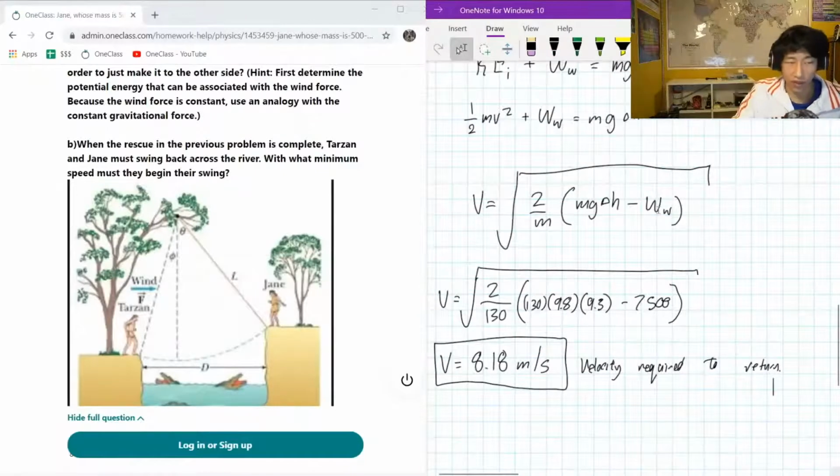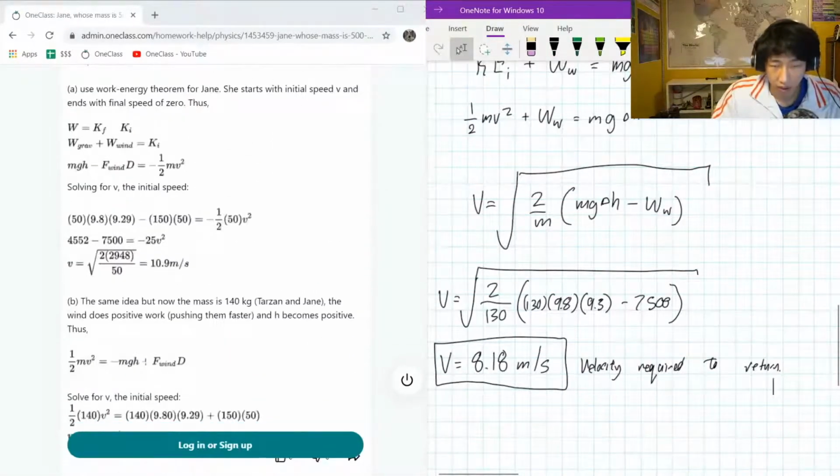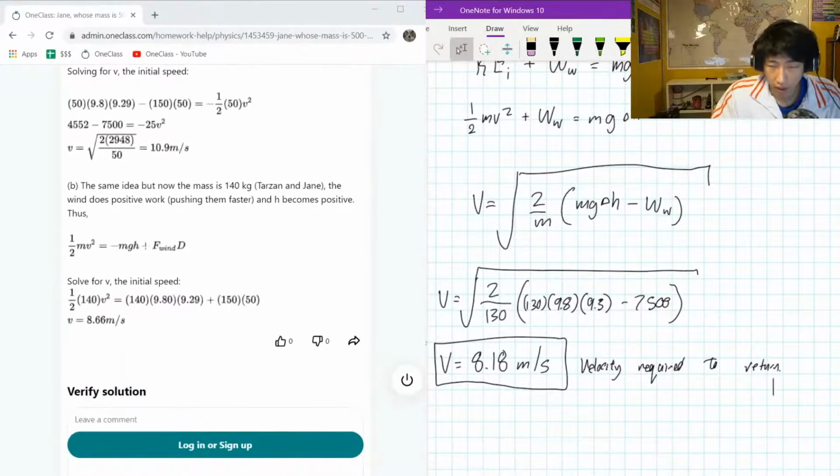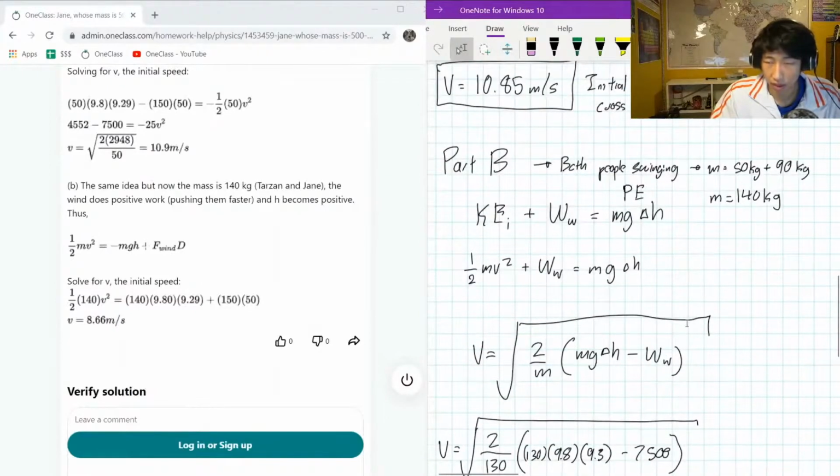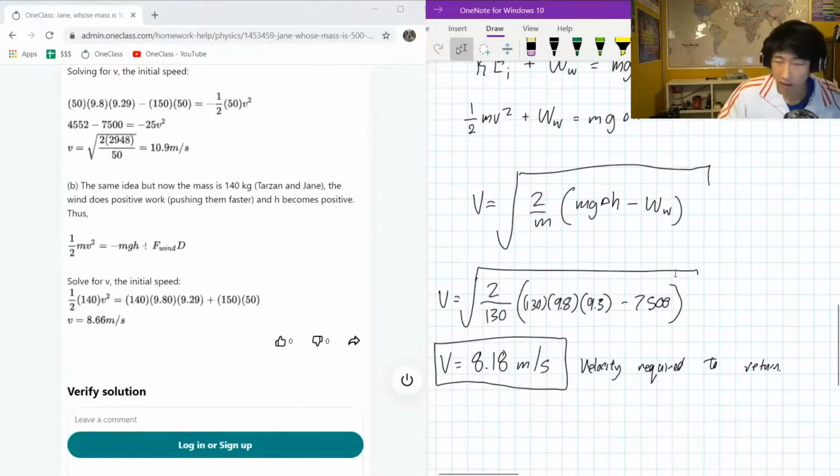Okay, hopefully we came to a similar conclusion down here. About 8, I'm going to assume that these are just rounding discrepancies. Or I am actually tripping by writing 130 instead of 140. Jeez.